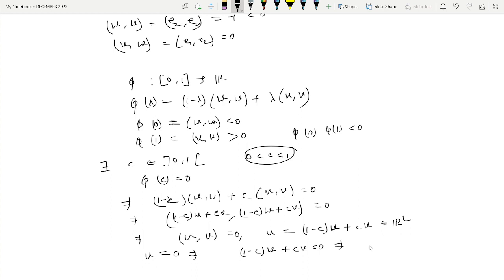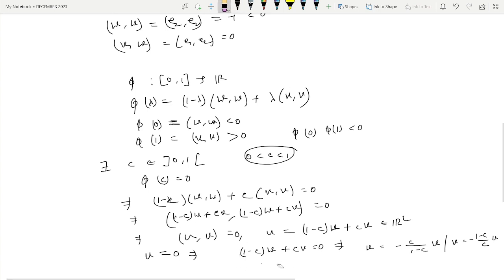Then here we have w equal to minus c over (1 minus c) times v.